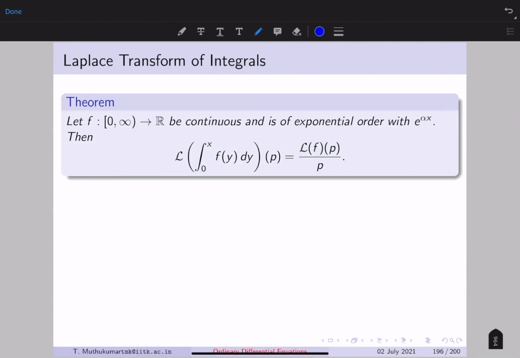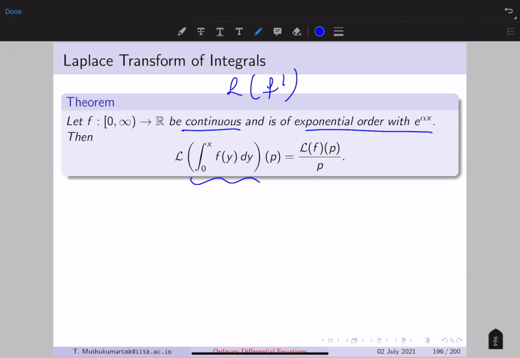Okay, so these properties are required for that kind of functions. Now that we have seen the Laplace transform of the derivative, that is f prime, let us look at the Laplace transform of the integral. If f is a continuous function of exponential order alpha, then the Laplace transform of the integral of f is nothing but the Laplace transform of f over p.